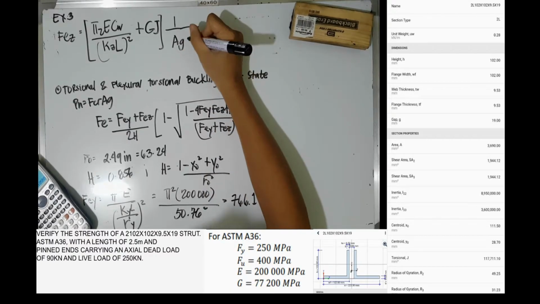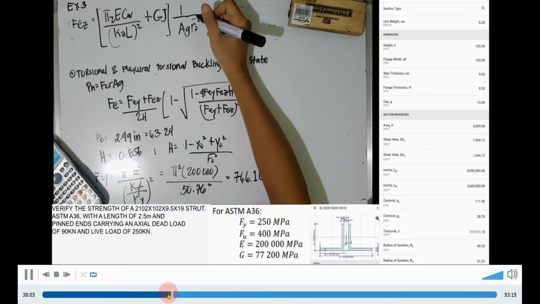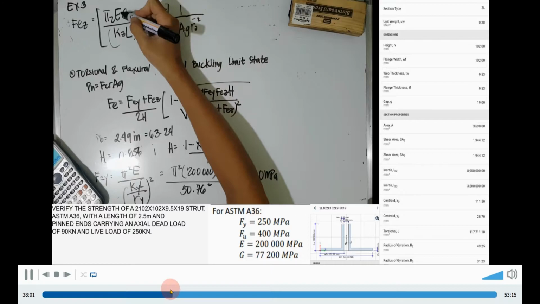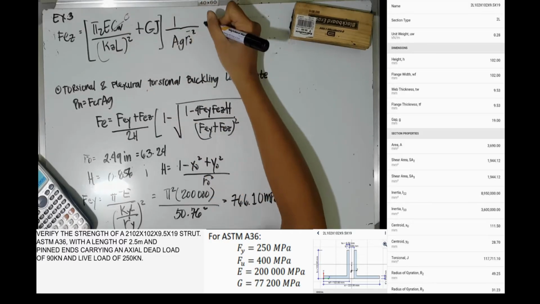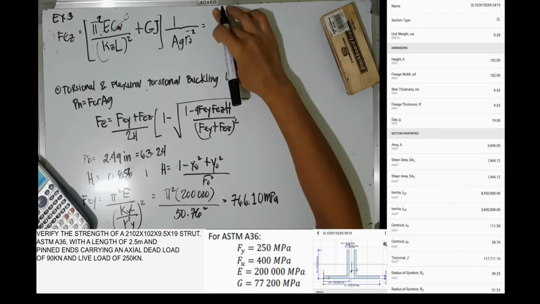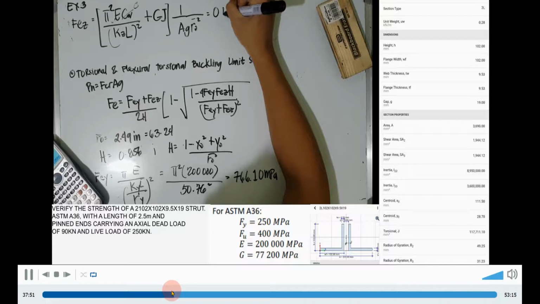So the NSCP provision says that our Cw will be omitted when it is a double angle.